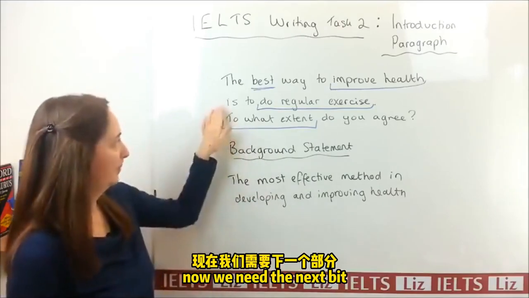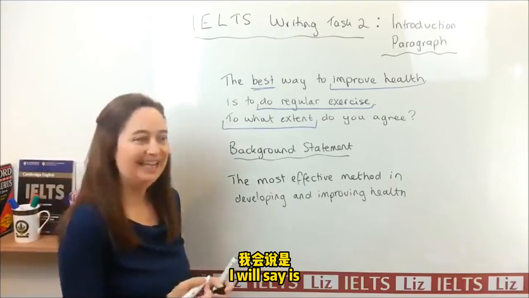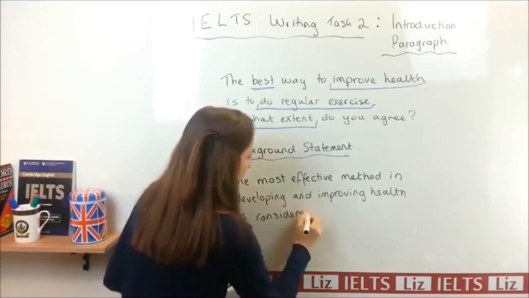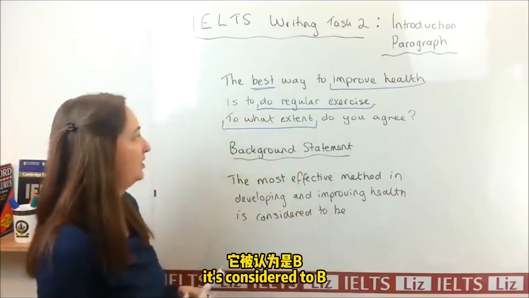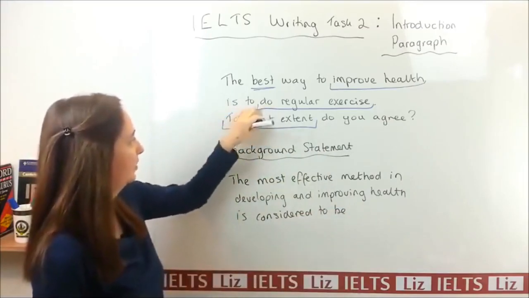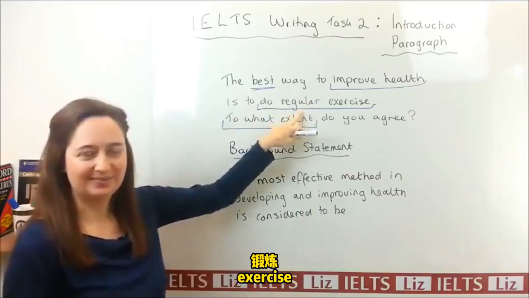Now we need the next bit. They say is to do. I will say is considered to be. It's considered to be, so I've changed this part for considered to be, and now we've got regular exercise.